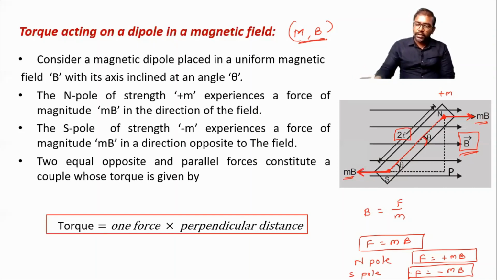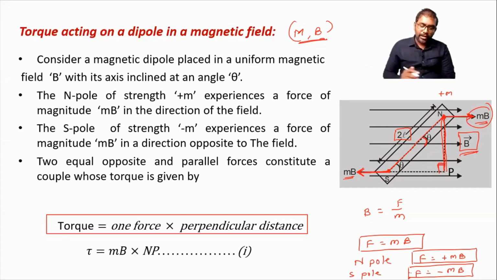Now one force means we can use this MB is the one force, and perpendicular distance between the two forces, this NP is the perpendicular distance here. You can see this line NP. So this is a perpendicular distance between two forces. So here torque is equal to MB into this NP.